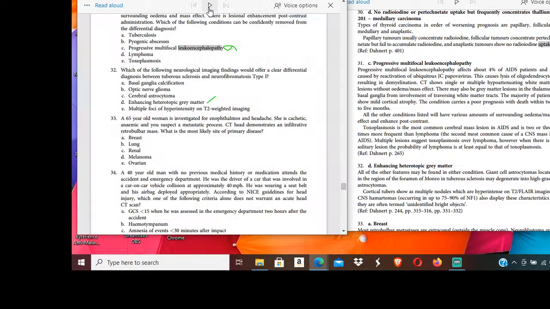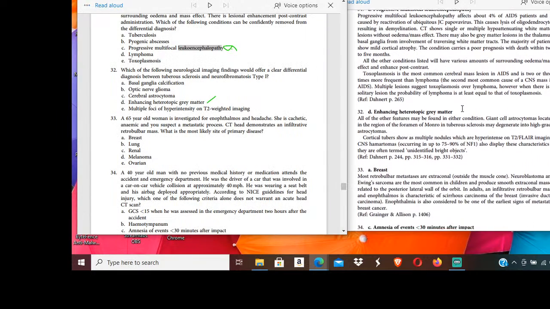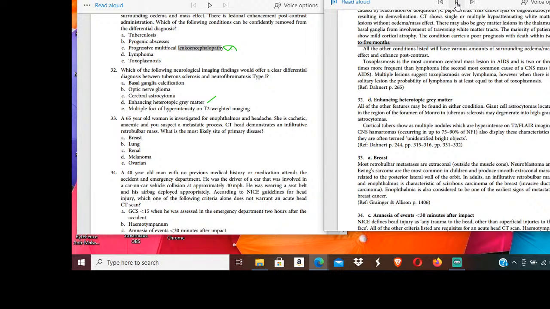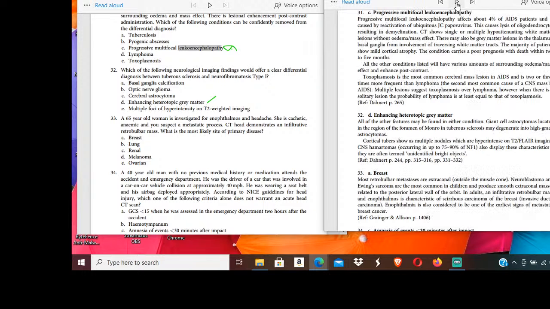C. Progressive multifocal leukoencephalopathy.